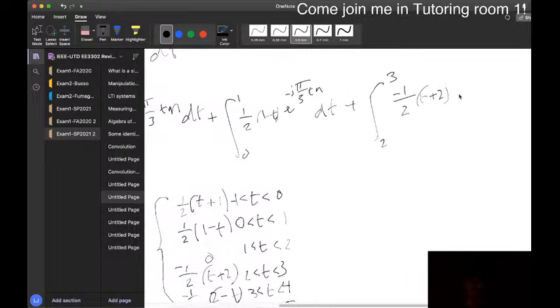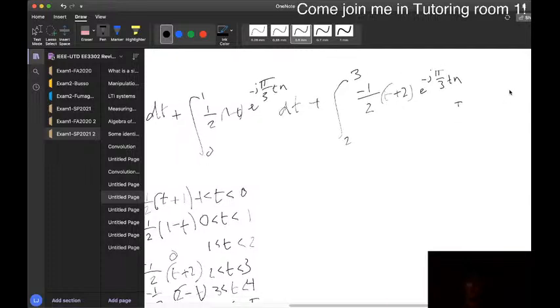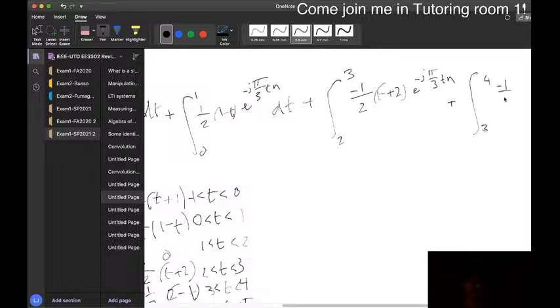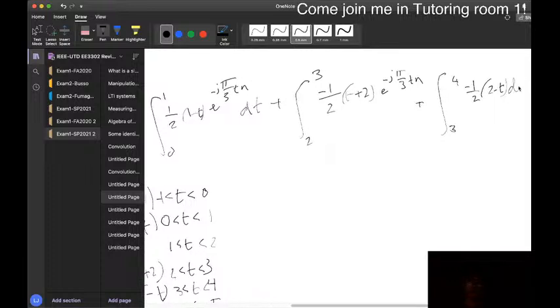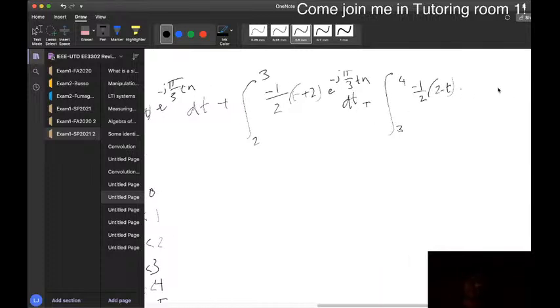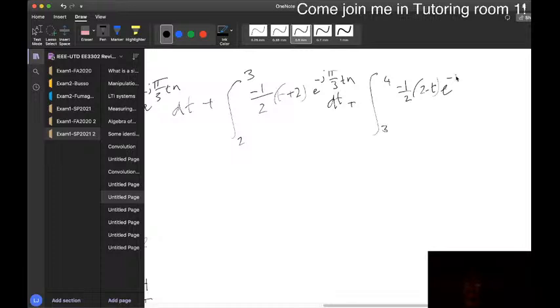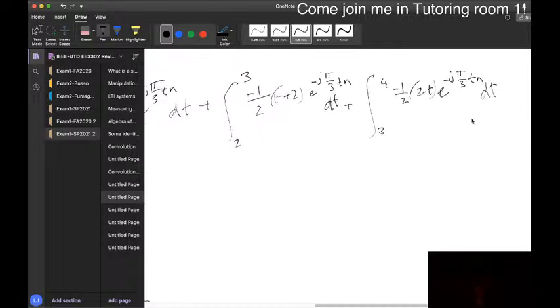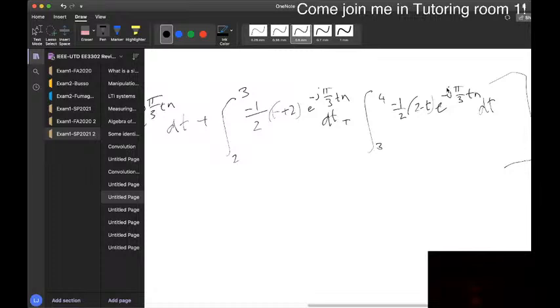And then we get e to the negative j pi over 3 t n, plus the integral from 3 to 4, -1/2 (2 minus t), e to the negative j pi over 3 t n dt. Okay, yeah, so we have a bunch of integrals that we gotta solve.